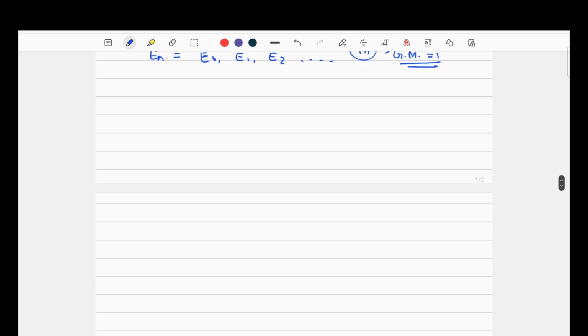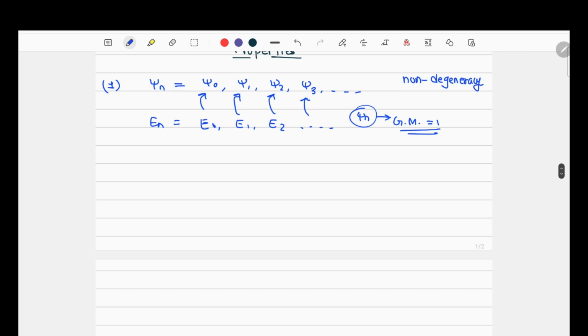I haven't taught you 1D potential yet, but in 1D potential your wave functions come out to be root 2 by L sine of n pi x upon L, where x is your dimension and L is your fixed length of the potential. And for this, energy values come out to be n square pi square h cut square by 2 m L square. So you see for every xi n there is an En, so there is a non-degeneracy.